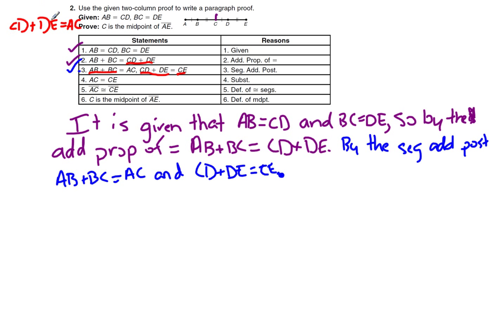So if CD plus DE equals AC, and that also equals CE, then we can simply substitute and say that AC has to be CE. So it's just substituting, because these are exactly the same, which is why we can interchange them here.